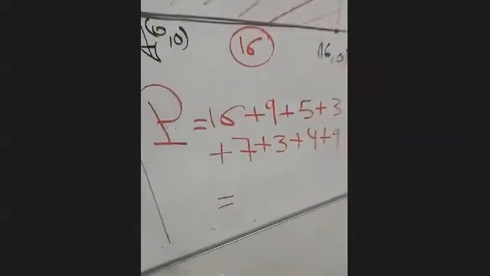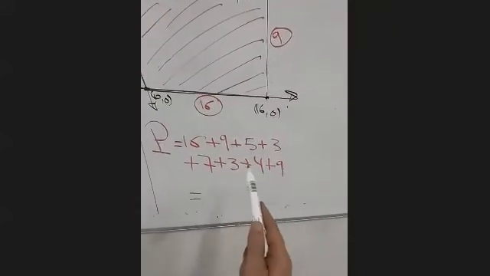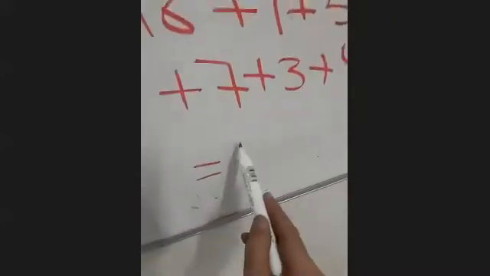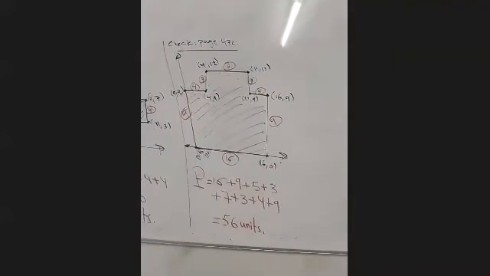Right, Rakan? And we add: 25, 30, 40, 47, 56. 56 what? Units. Do you understand that? This is the check, guys, page 472.